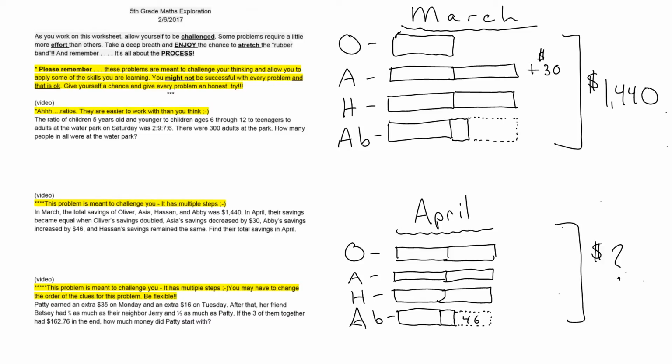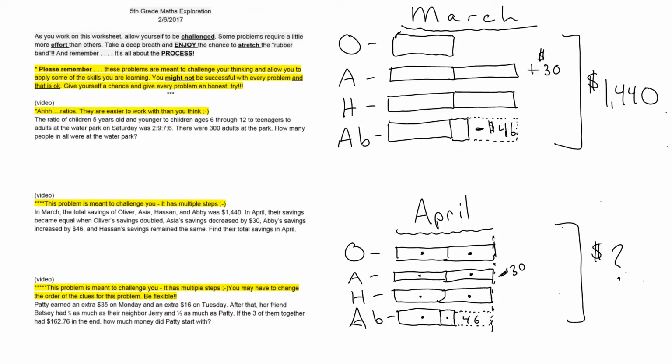In March, we're going to go ahead and take away that 46. Okay? So, down here in April, Oliver's amount doubled. Asia's was equal to Oliver's after losing 30. Hassan's never changed. And Abby's 1 unit plus a little bit of something right there, plus that 46 to get her to the same amount that everyone else had.